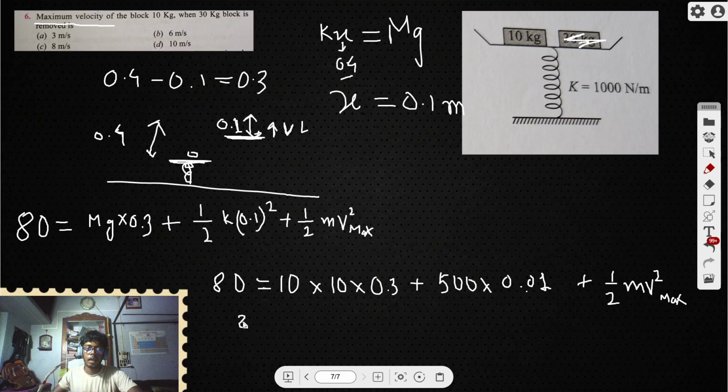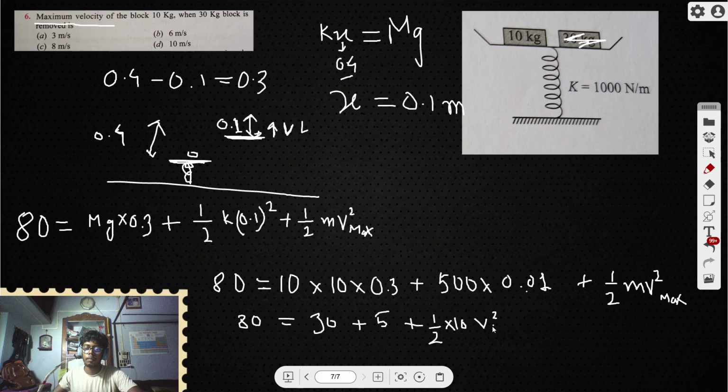Now if we calculate, 80 equals 30, because 3 into 10 is 30, plus 500 into 0.01 which is 5, plus half m, which is 5, into v square. I am taking Vmax as V, because I don't have to write too much.